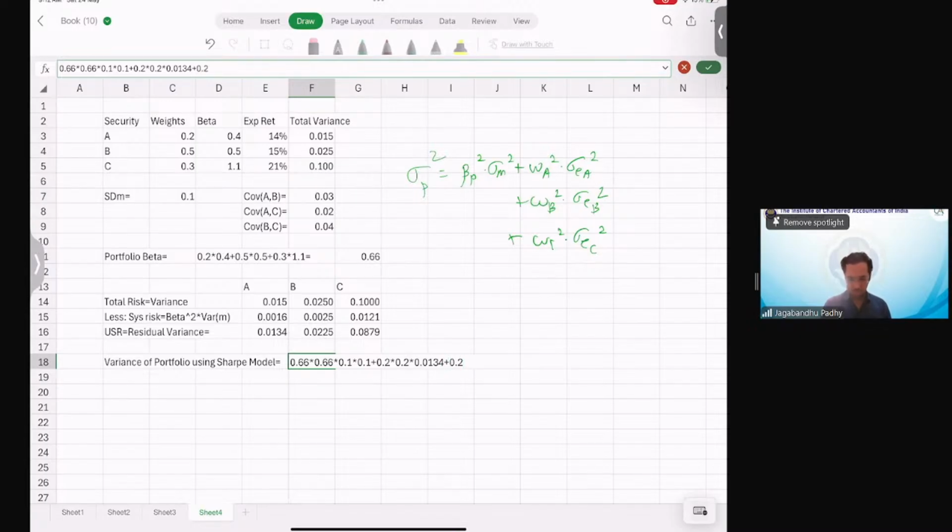Then for weightage of B, we'll add 0.5 into 0.5 multiplied by variance of error term of B, which is 0.0225, plus the weightage of C is 0.3 into 0.3 into variance of error term of C. Variance of error term of C is 0.0879.